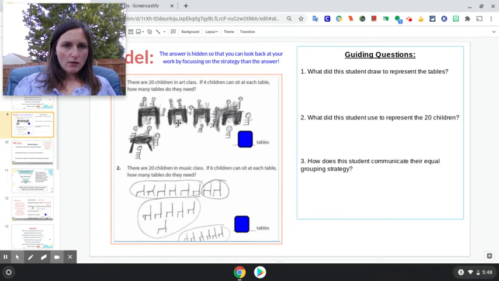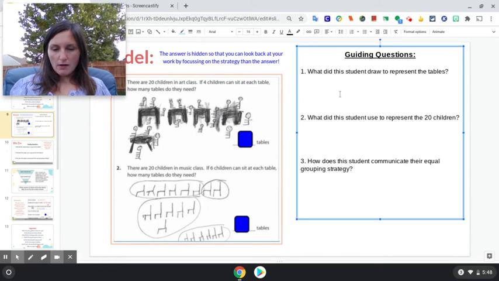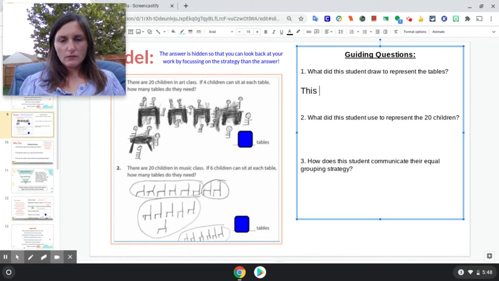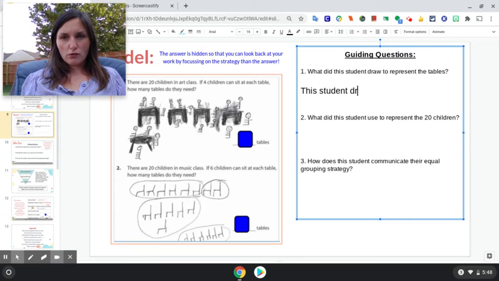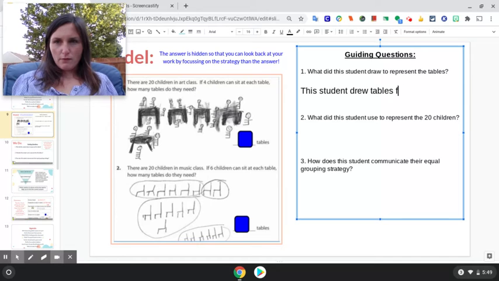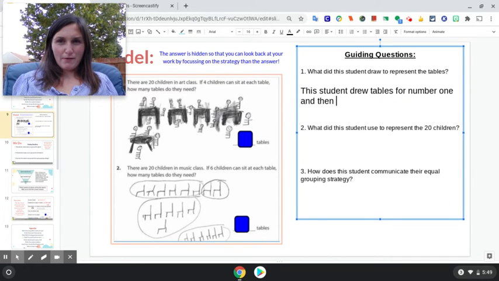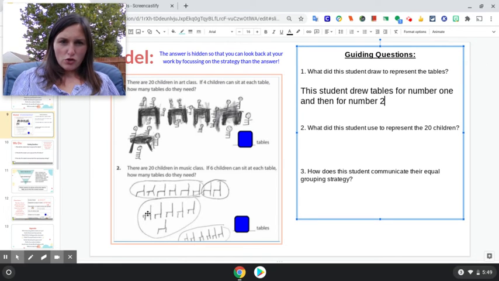Well, here I can see in this first picture, it looks like they actually tried to draw tables. So I can write that here, that this student drew tables for number one. And then for number two, it looks like they drew circles around the chairs.